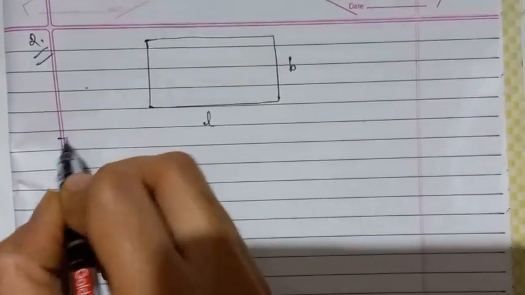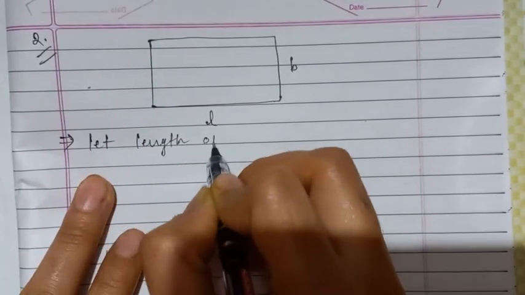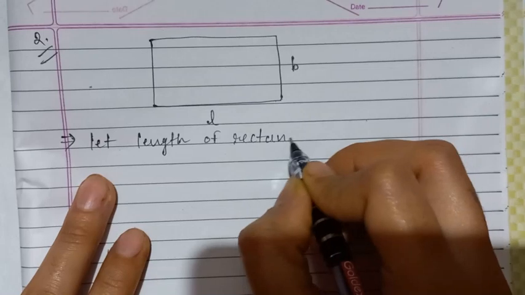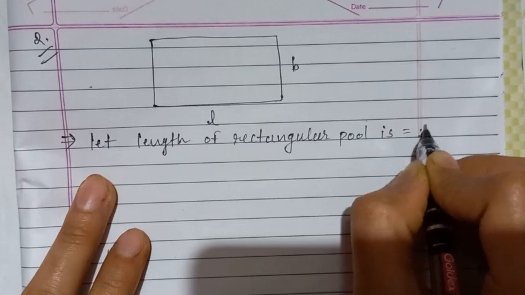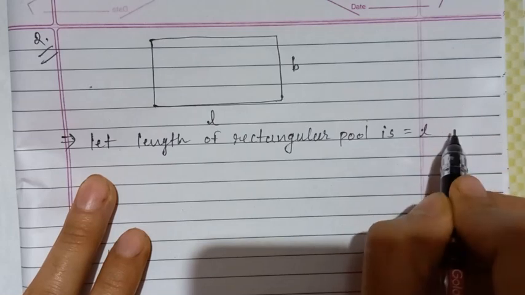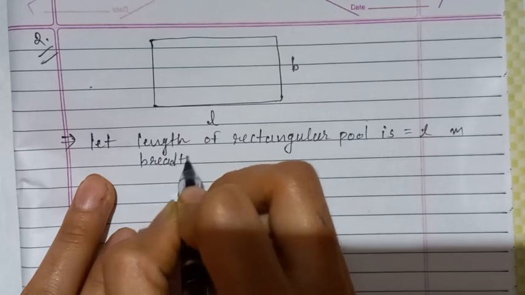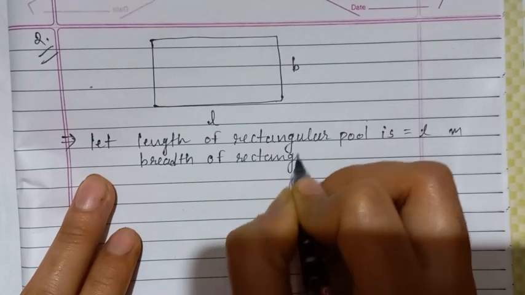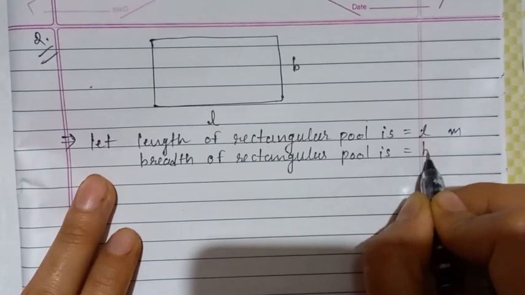So let the length of our rectangular swimming pool be equal to L. The perimeter is given in the unit meter, so we write L meter. And the breadth of the rectangular pool is equal to B meter.